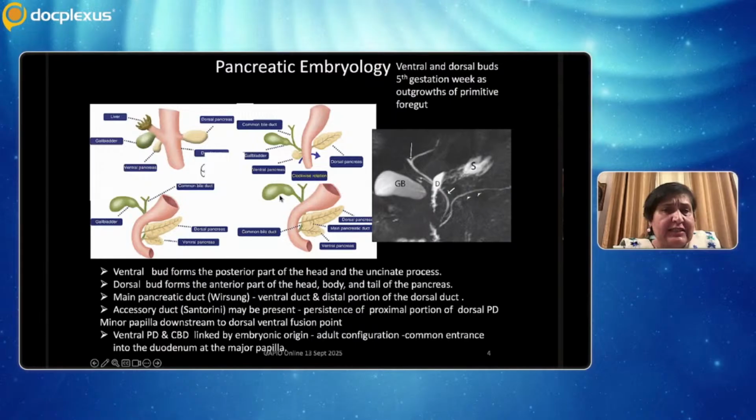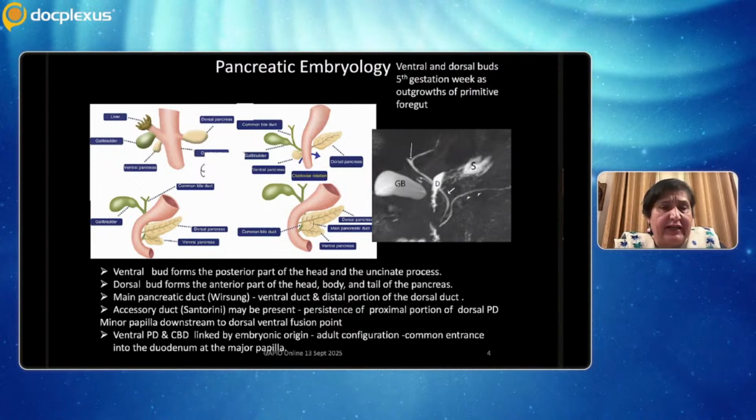And as the duodenum distends or enlarges, the ventral bud moves in a clockwise direction and goes towards the dorsal pancreatic bud. And then both these fuse. The ventral bud forms the posterior part of the head and the uncinate process, whereas the dorsal bud forms the anterior part of the head, body, and tail of the pancreas.